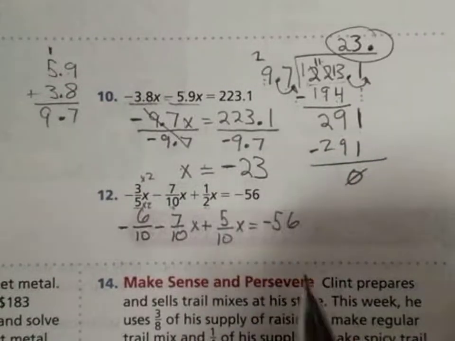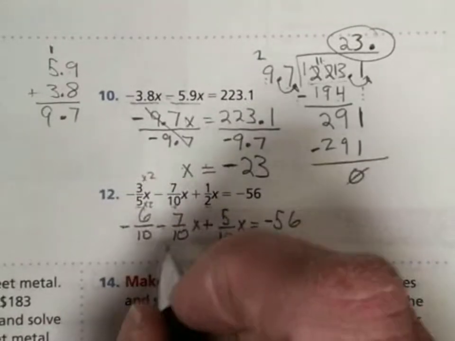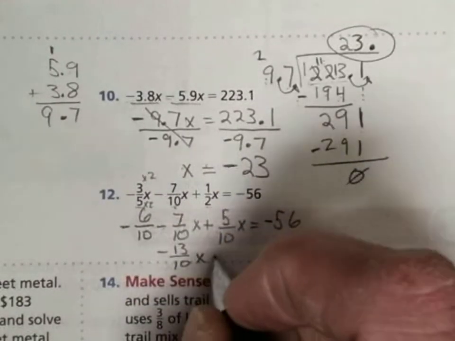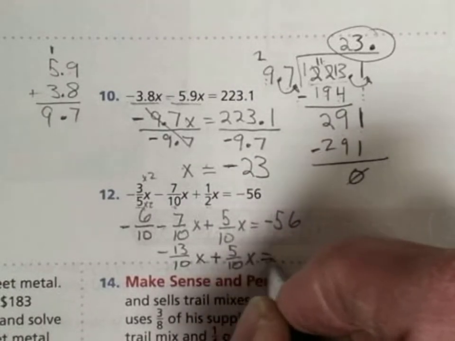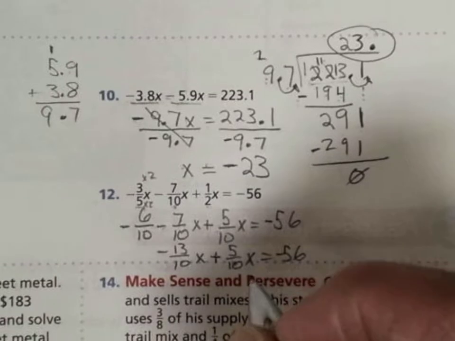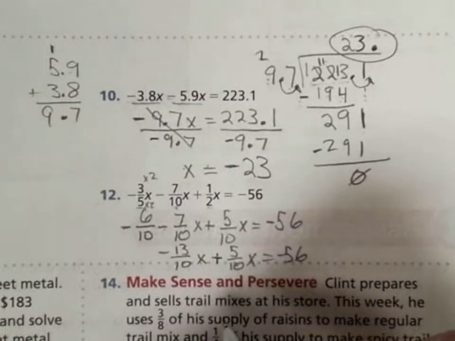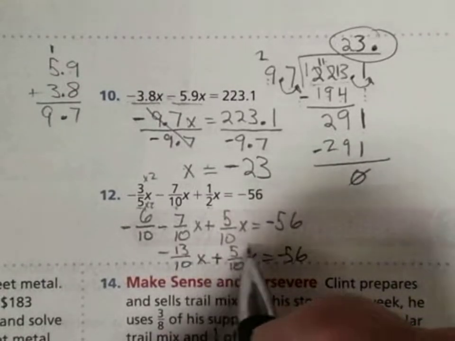And now we kind of look at negative 6 and negative 7. That's going to be negative 13/10 x, because I'm combining all my like terms here, plus 5/10 x equals negative 56. Negative 13/10 and positive 5/10, well, that really means we're doing 13 minus 5, right?